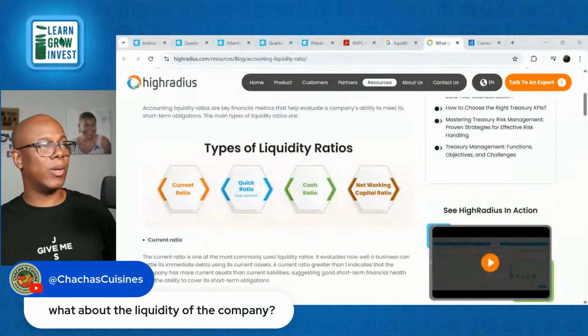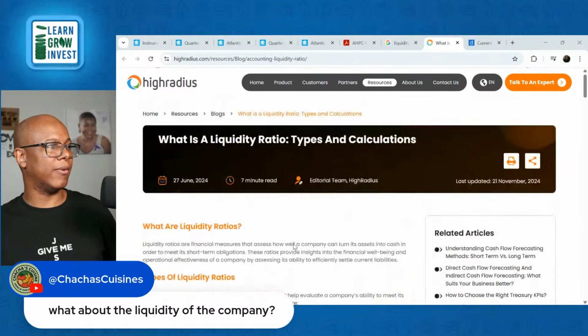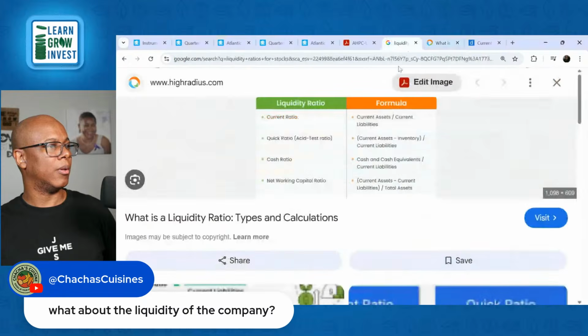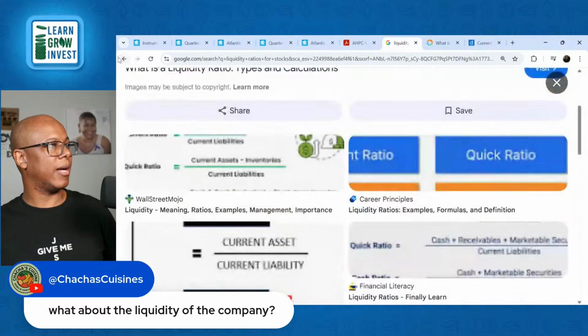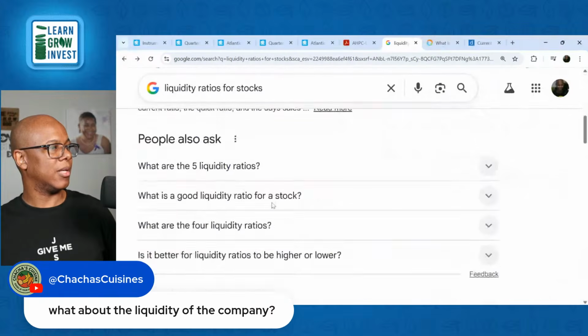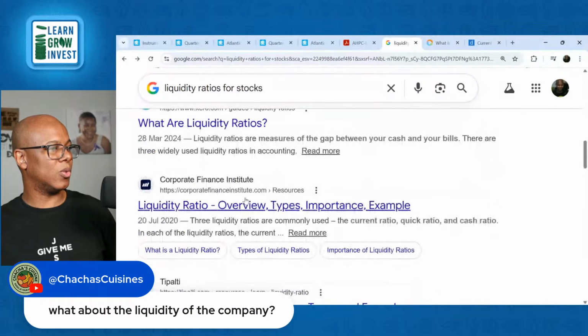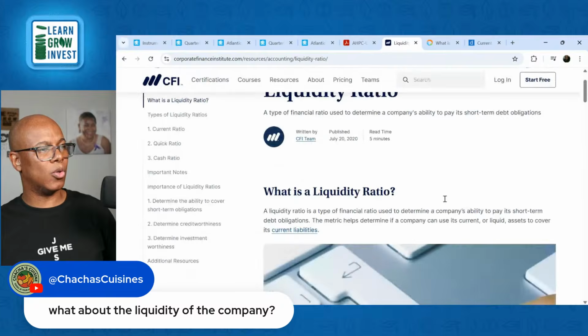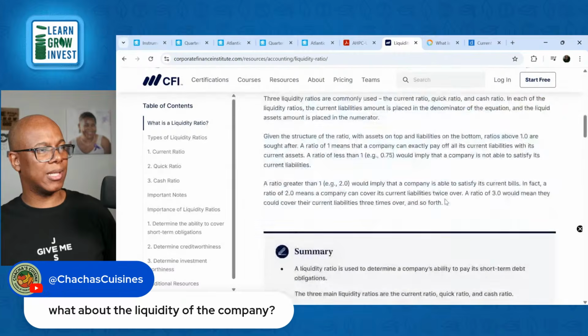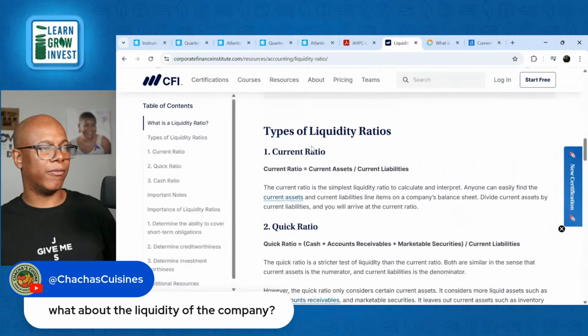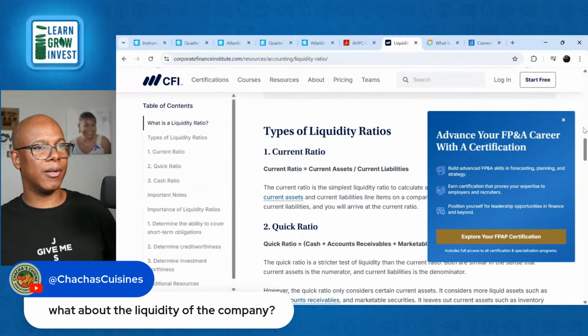So liquidity is measured by a few things, right? I actually prefer to use CFI, or Investopedia is good too. Corporate Finance Institute or Investopedia, two great sites to use for this. So it's showing the types of liquidity ratios here.